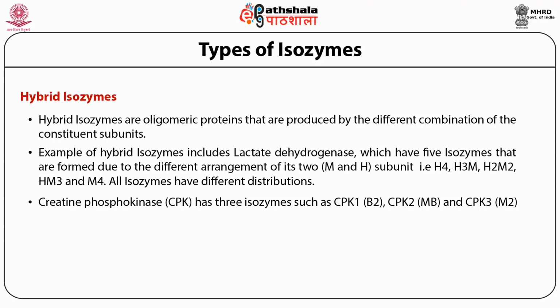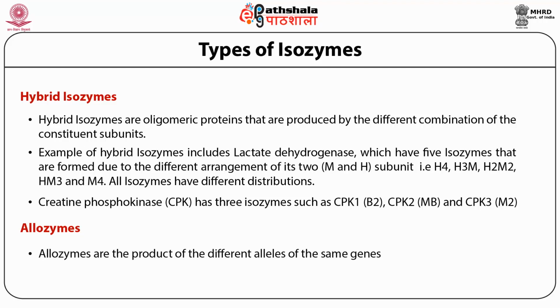The third class of isozyme is allozyme. Allozymes are the product of different alleles of the same gene. Alleles are forms of the same gene. They arise because of minor variations in the genes.